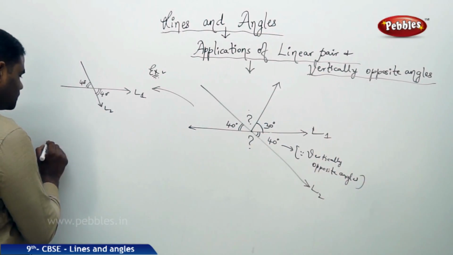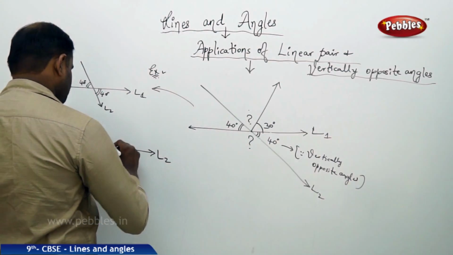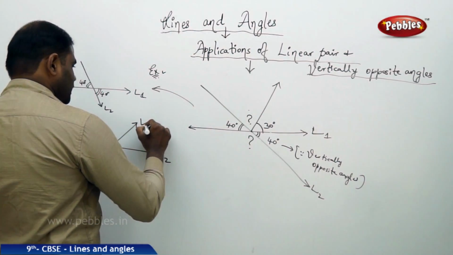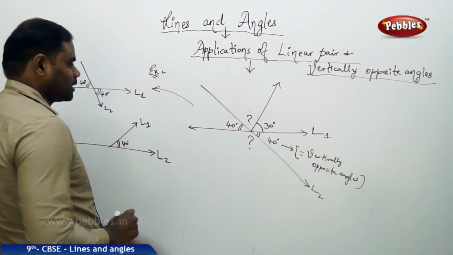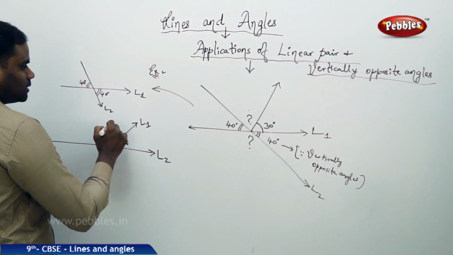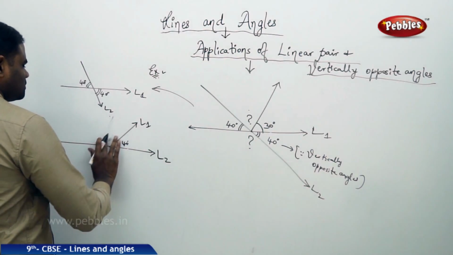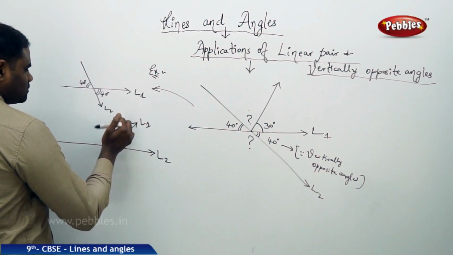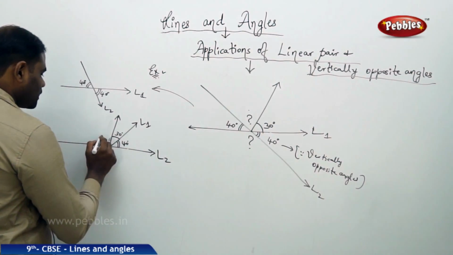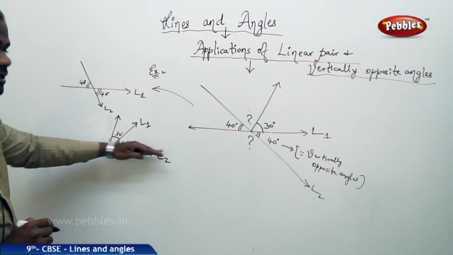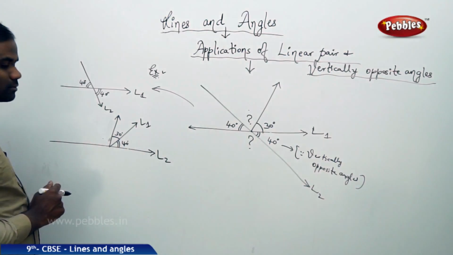As we can see, if I take the line L2, which is a straight line, I see that this is the angle made by L1, which is 40°, and this is the angle made by the ray, which is 30°, and the remaining angle is what we need to find. So this being a straight line, the sum of all three angles must be 180.